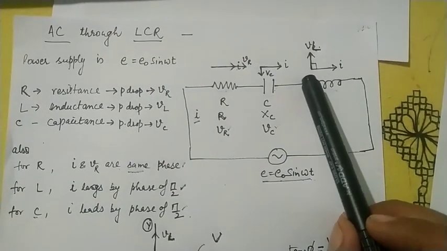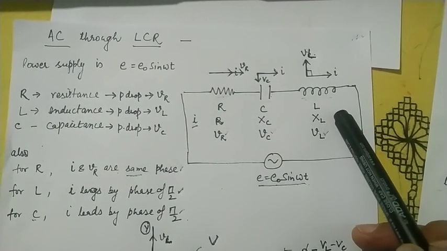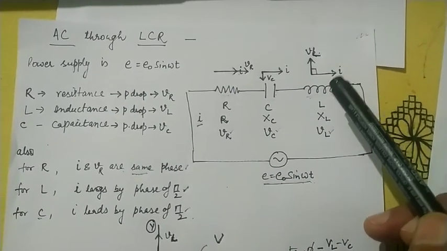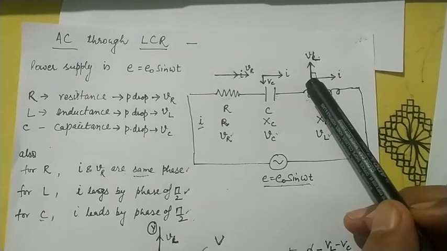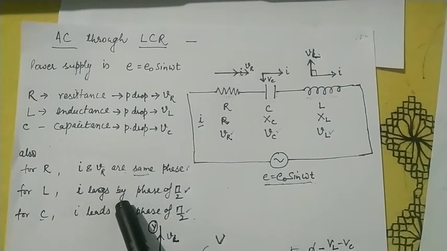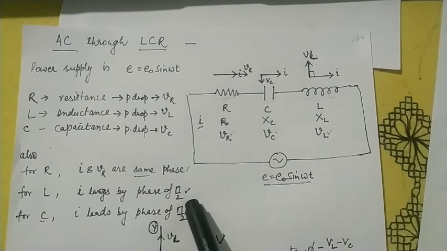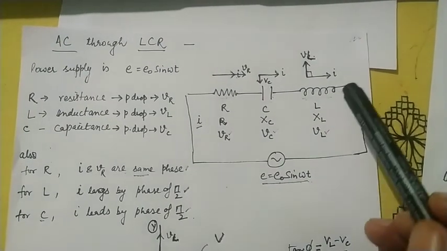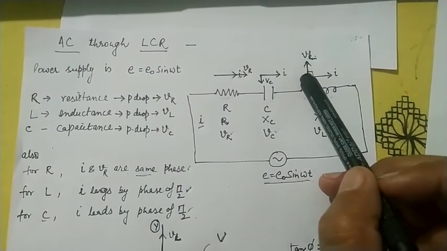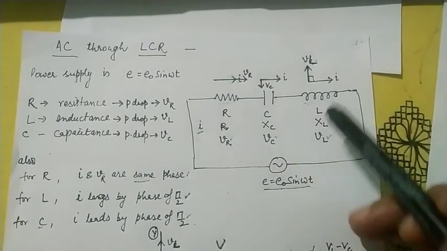The potential drop across the inductor is shown along this direction. As the current is lagging behind the voltage by pi by 2, the voltage leads the current by pi by 2, so the voltage will be along this direction at the positive angle.